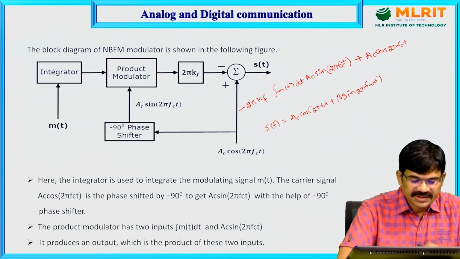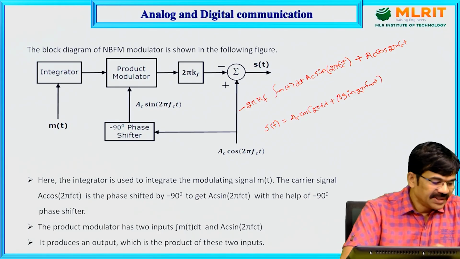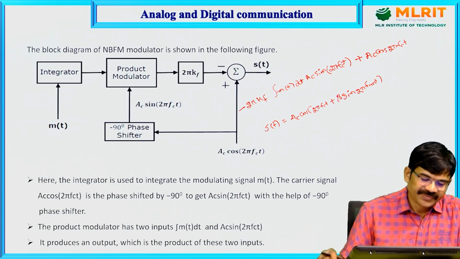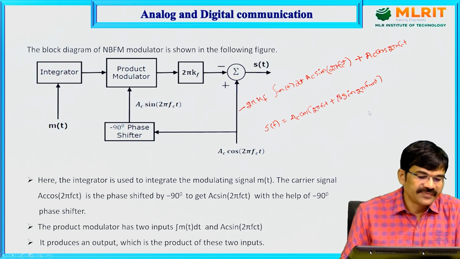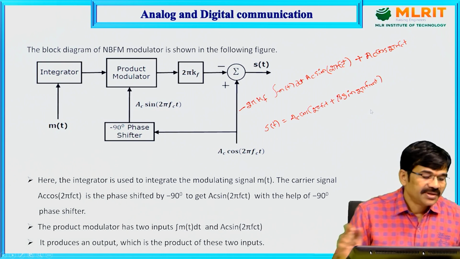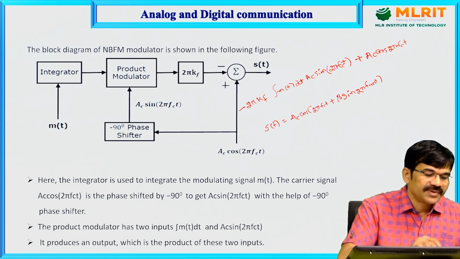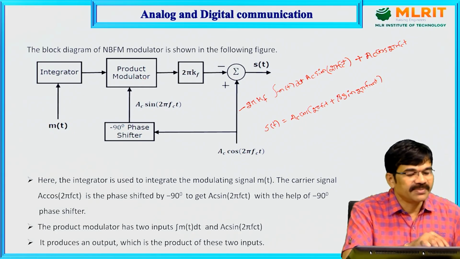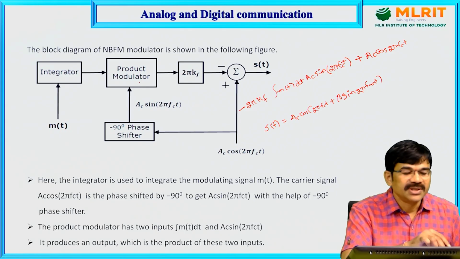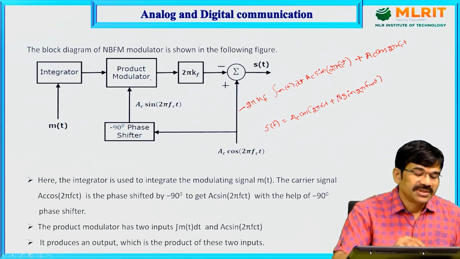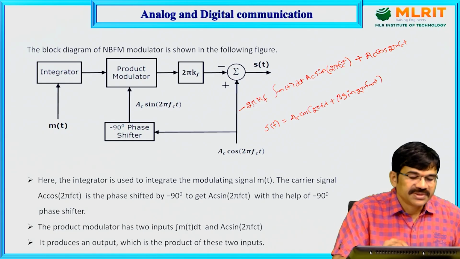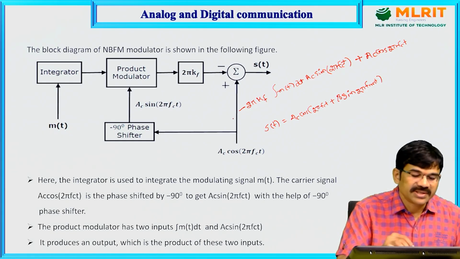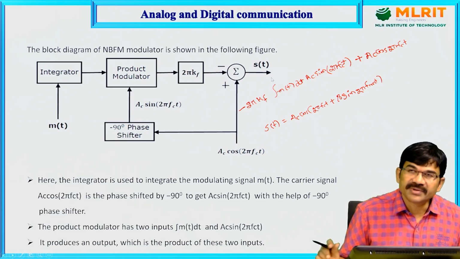So this is the narrowband FM wave generation. Here the integrator is used to integrate the modulating signal m of t, and the carrier is phase shifted by 90 degrees, and finally AC sin 2 pi fct we are getting, and both signals are multiplied. The product modulator does the operation, and the output is again multiplied with 2 pi kf, and a minus sign we are giving, and plus AC cos 2 pi fct we are applying from here.